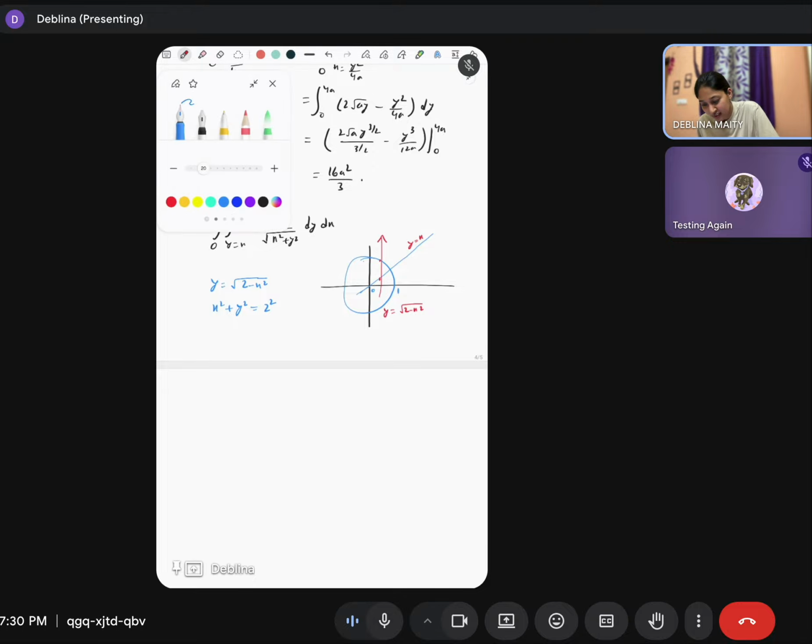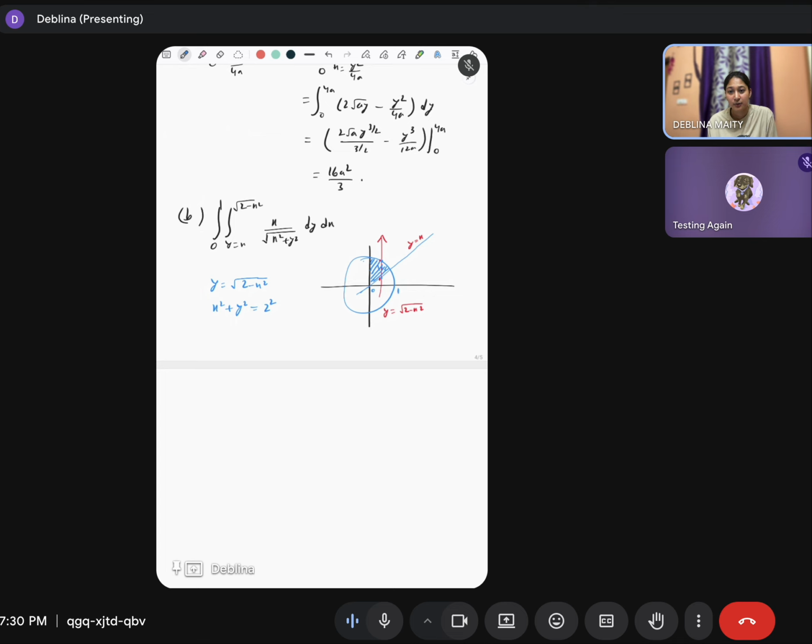So the region is this portion: x runs from 0 to 1 and y runs from the curve y equals to x to the curve root over 2 minus x square. So it is going to be this region.